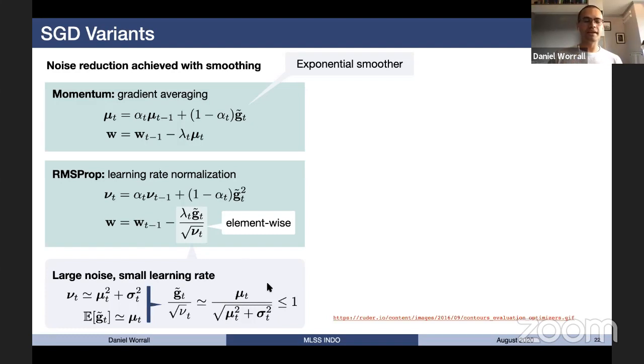So what does this say? This says when I have very, very noisy gradients, what I want is for this bottom term to be very big, so that actually makes my learning rate really, really small. So noisy gradients gives you a small learning rate. I don't take as big steps in parameter space when I'm doing my gradient descent. When I don't have much noise, this sigma is going to be very, very small, and this nu is going to be close to the squared gradient.